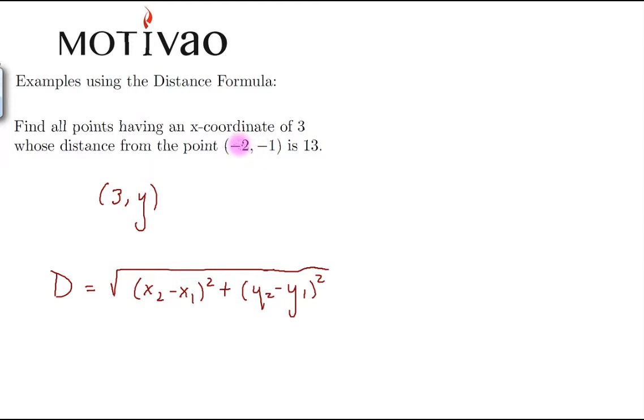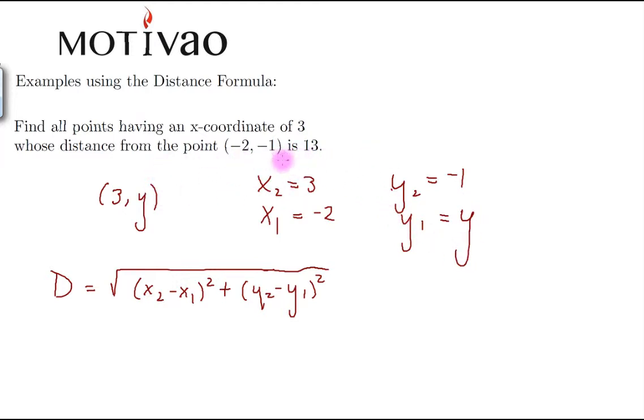If you want x1 to be -2 and x2 equals 3, then you must have y2 equals -1 and y1 equals y. Okay, so let's just choose x2 equals 3, x1 equals -2, y2 equals -1, and y1 equals y.